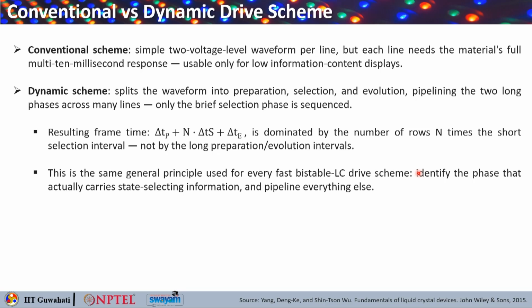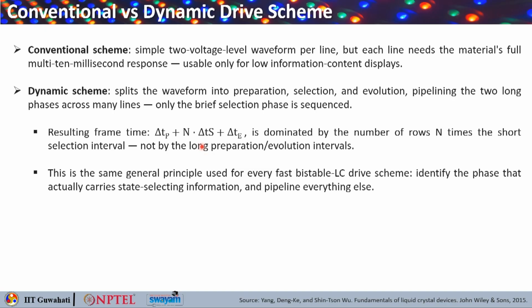In that case only a brief selection phase is sequenced. The resulting total frame time that you have seen is delta Tp plus n times delta Ts, with a small s in subscript, plus delta Tp. So this is dominated by the number of rows times the short selection interval, and it is not decided by the long preparation time or the evolution interval.